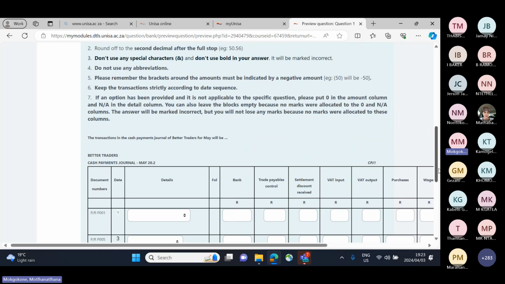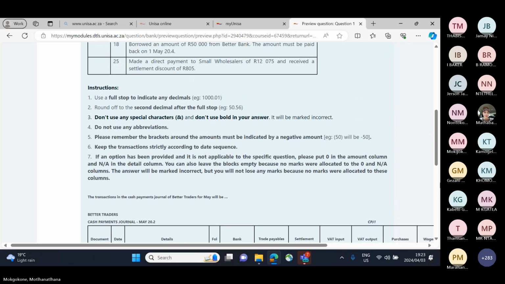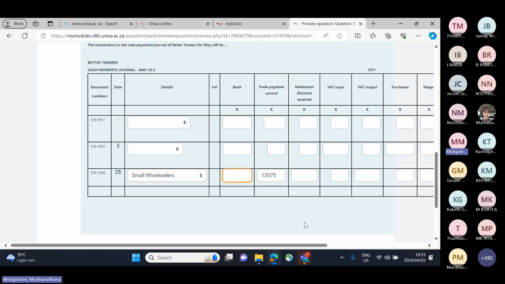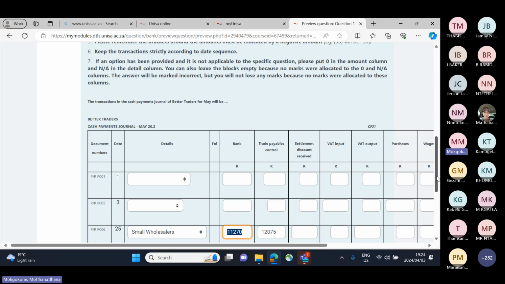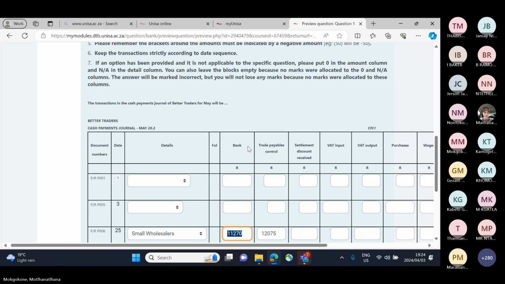Here we receive a discount of 805, so we actually paid 11,270 to the creditor. That's why this is money coming out of our business bank account, because we did not pay small wholesalers 12,075. We actually paid small wholesalers 11,270. That's why our business bank account decreases by 11,270.